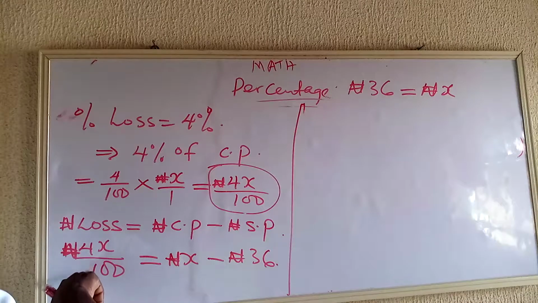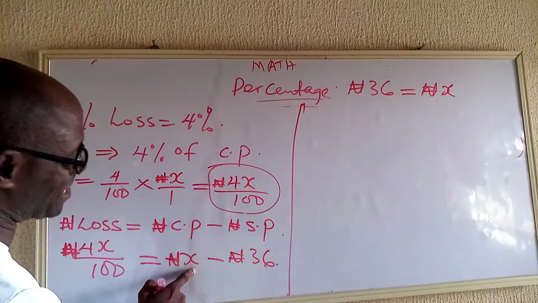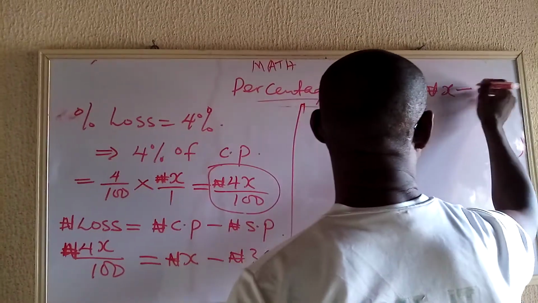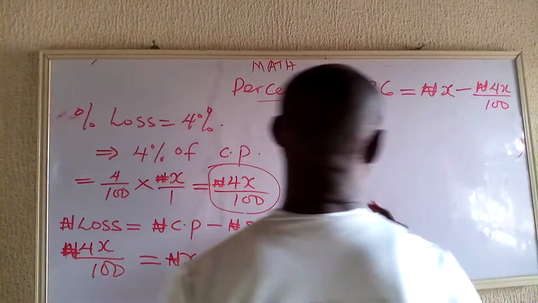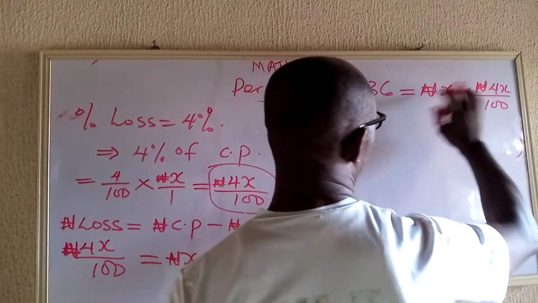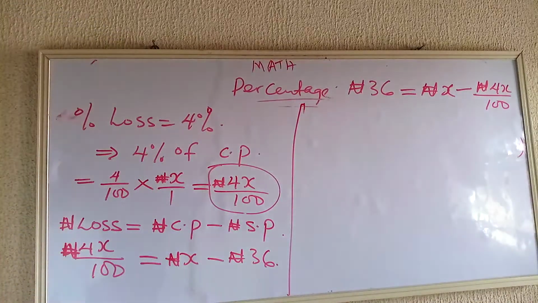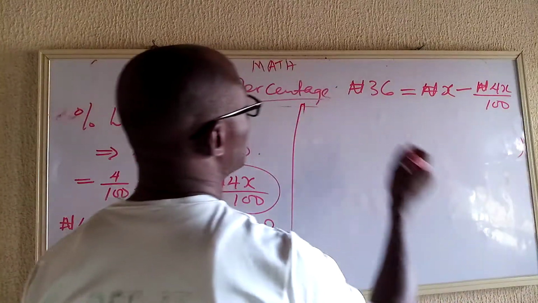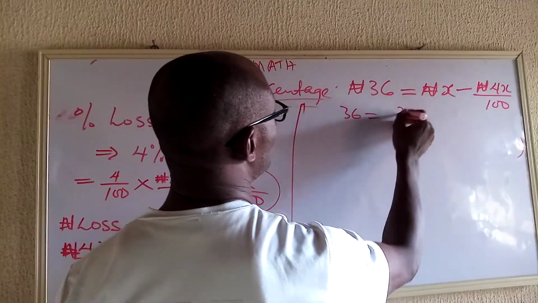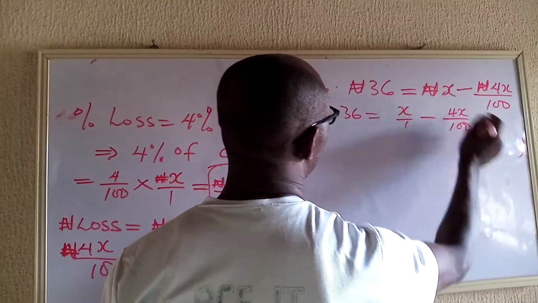So when 4x over 100 arrives on the right, it's coming to meet x here. So you write this x first, minus 4x over 100. I want to drop the currency now; at the end of the whole problem, we'll put the naira there. So I have 36 equals x over 1 minus 4x over 100.